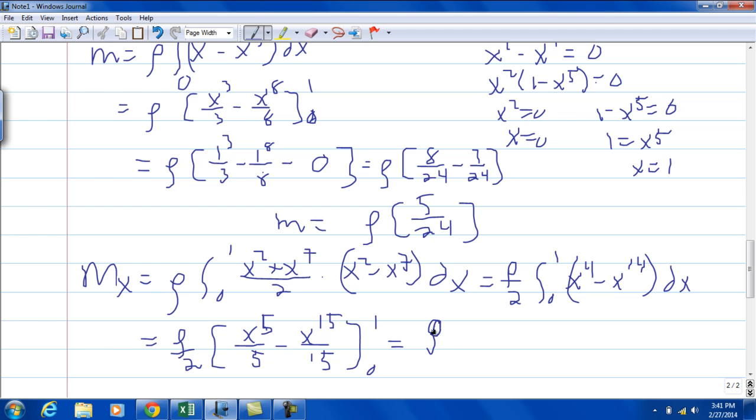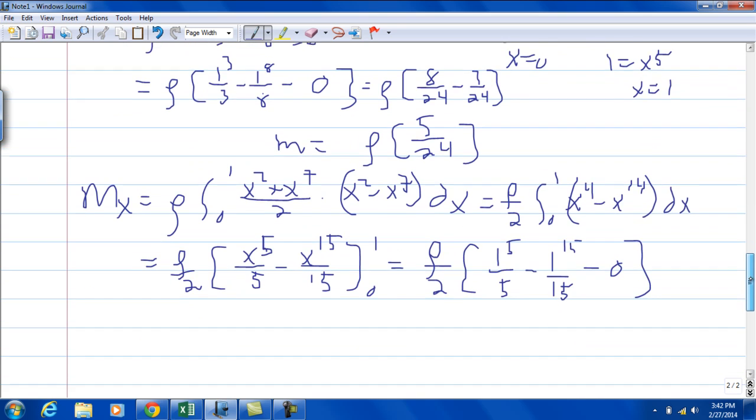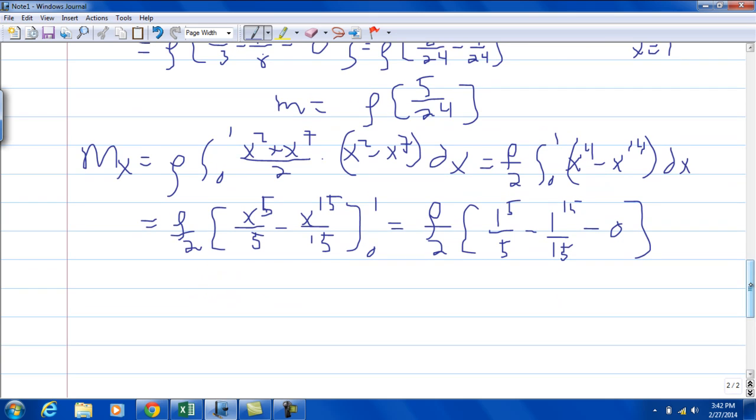That's going to be rho over 2 times 1 to the 5th over 5 minus 1 to the 15th over 15 minus 0. So it's rho over 2 times, it's basically 1/5 minus 1/15.